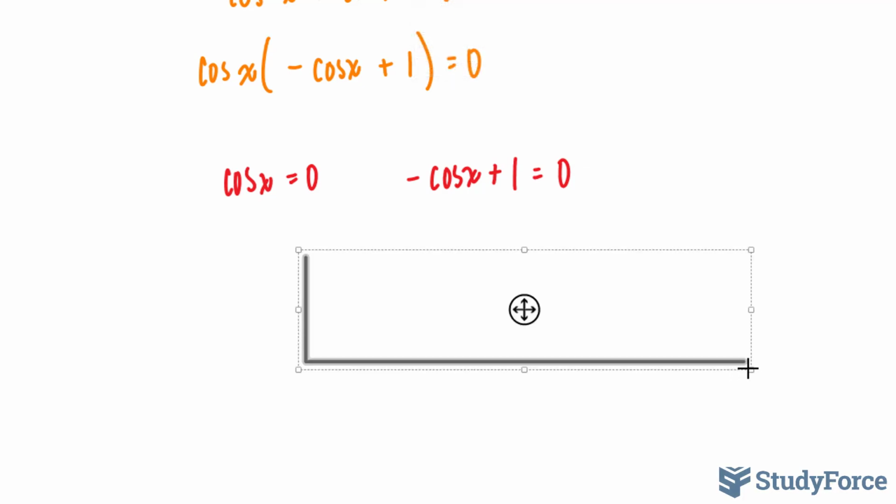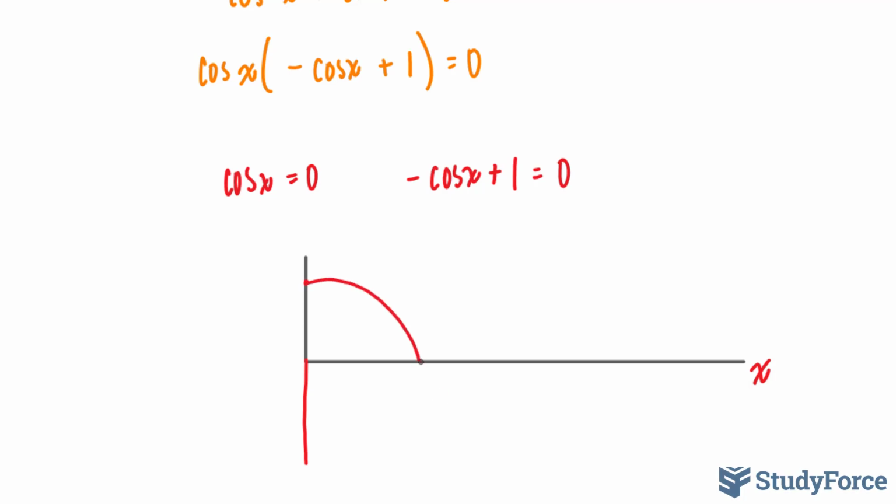Pretend that we have a Cartesian plane that looks like this, and I'm just going to extend this y-axis, where this refers to my angle x and this refers to my outputs, my ratios for cosine. Remember, cosine always starts at 1, makes its way down to 0, down to negative 1, back to 0, and then in 360 degrees goes back to 1.